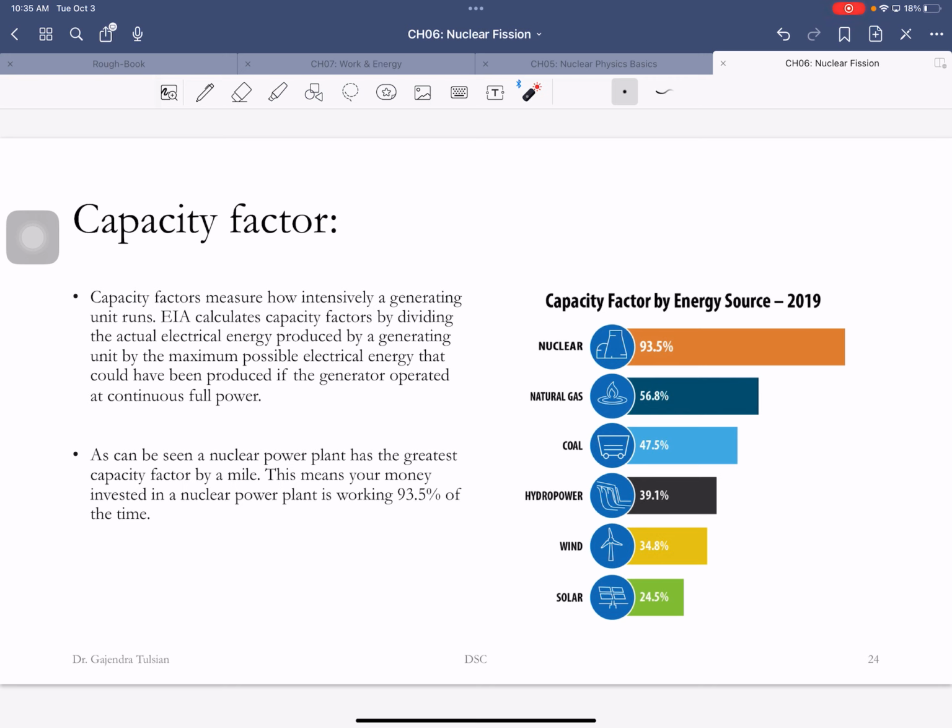You invested $5 billion, and that $5 billion is constantly working. Even in a coal power plant, your $5 billion is working only half the time. And on top of that, it spews carbon dioxide. You guys understanding the economics of it?